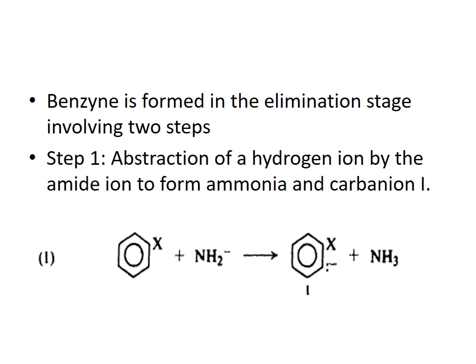So NH2 minus abstracts an H plus and is converted to NH3, ammonia. The carbon from which the hydrogen is abstracted as H plus is now surrounded by a pair of electrons, and that carbon has a negative charge. This is the first step of the elimination stage.